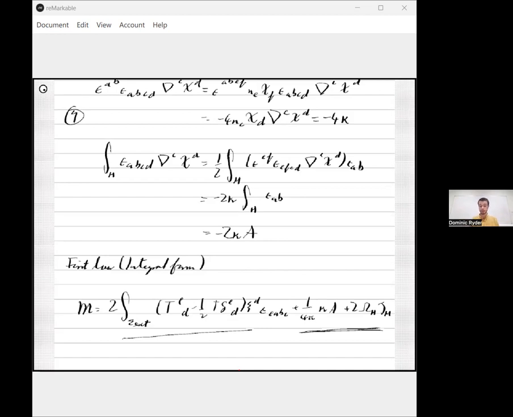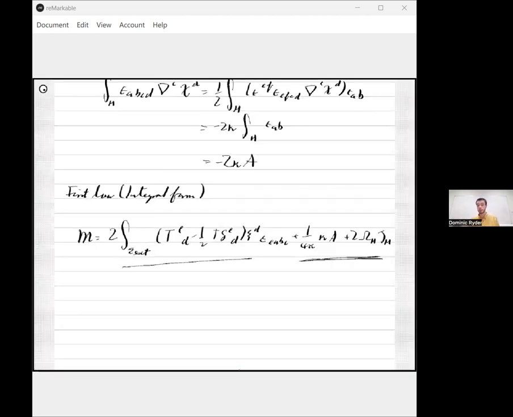So if I now stipulate that this is vacuum in the exterior region, I can write down the integral form in vacuum, which is M equals 1 over 4 pi kappa A plus 2 omega H J H.